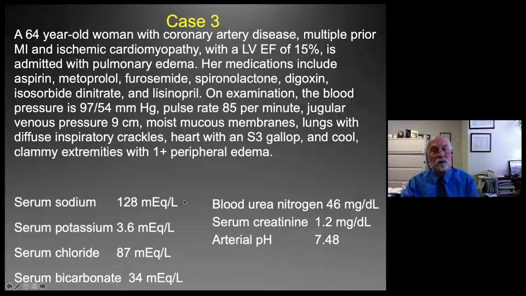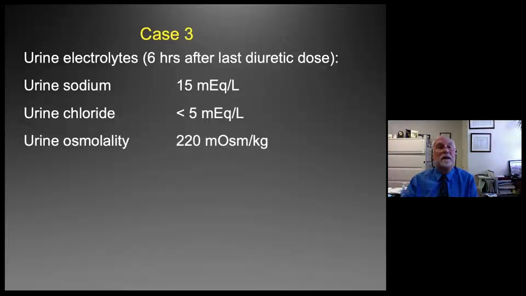Her sodium is 128. Potassium 3.6, chloride 87, bicarb 34, BUN and creatinine of 46 and 1.2, with a pH of 7.48. And the question to consider after looking at her urine electrolytes, I'll show you on the next slide, but you have these electrolytes from the urine, which were obtained about 6 hours after her last diuretic dose.